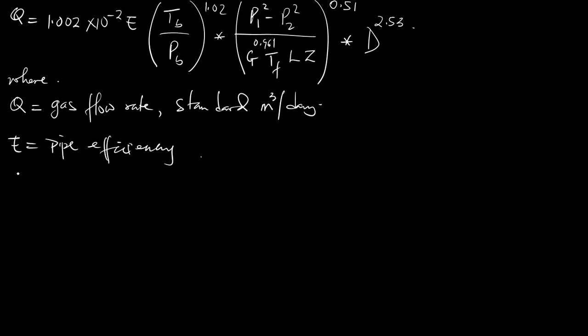Then the next one you have PB, which is the base pressure. And this base pressure is in kilopascal. This should be absolute. Oh, this is absolute already, I don't need to write it.